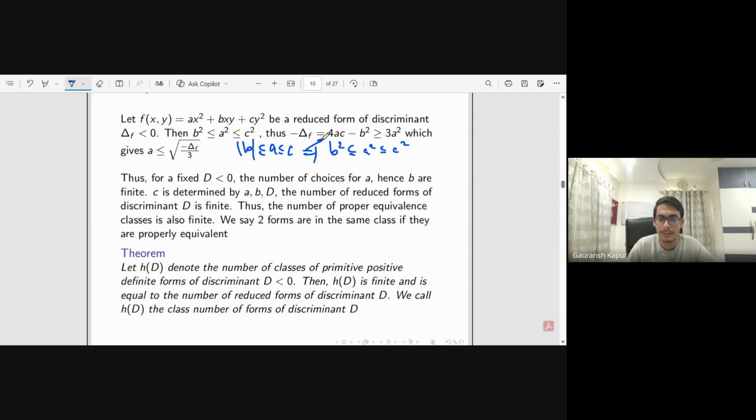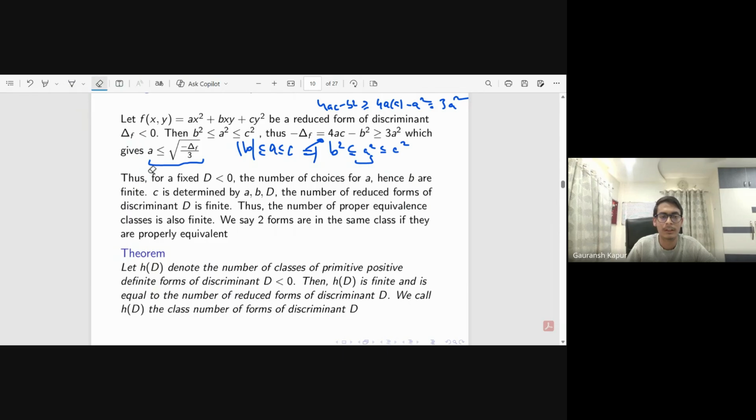Substituting these inequalities, we get minus delta f, which is 4ac − b², is greater than or equal to 3a², because 4ac − b² is greater than or equal to 4a·a − a². The inequality sign flips, so this is 3a². And from here we get a is less than or equal to the square root of minus discriminant by 3.